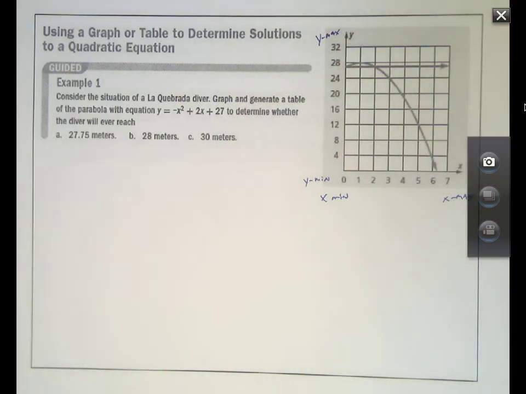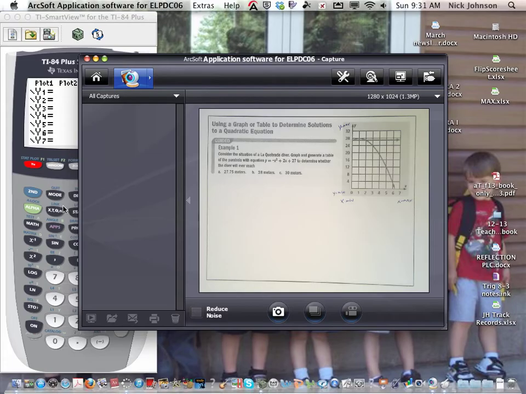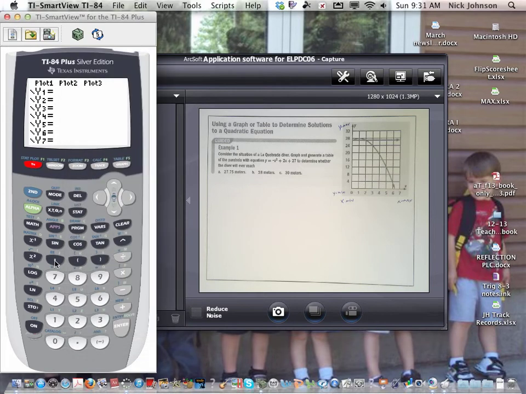So what you could do is on your calculator, you could do the same thing. You can type this equation into your y1. Let's go ahead and do that so I can show you. So y equals negative x squared plus 2x plus 27.